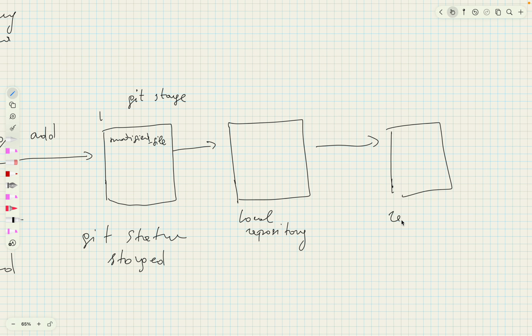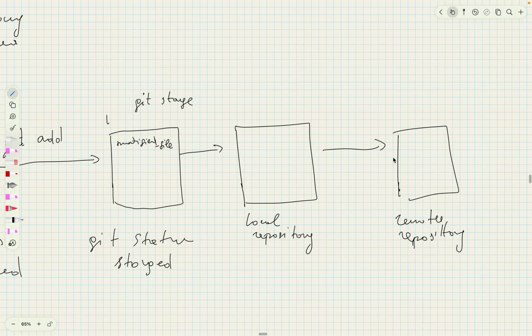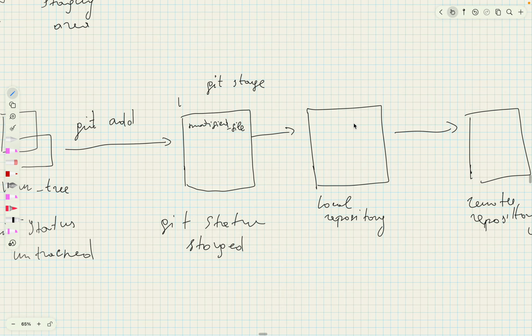The remote repository is the original state of the project. Local repository is the copy of that remote repository.